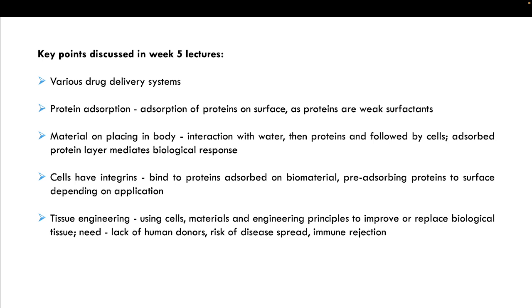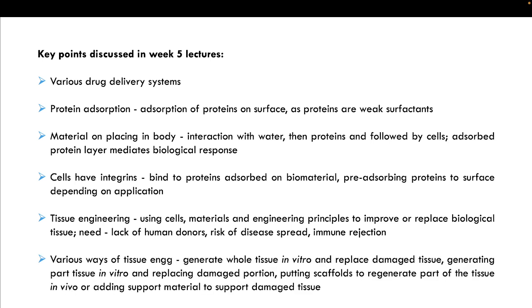But this has a lot of risks, like it could spread disease, and there's always the risk of immune rejection, because even though we are of the same species, no two humans are similar, and taking an organ from one person's body and implanting it into another will definitely have immune rejection. And there is also the problem of lack of donors, because not enough donors are always present to treat the patients. So this is why we need artificial tissue engineering, and there are various ways in which tissue engineering works.